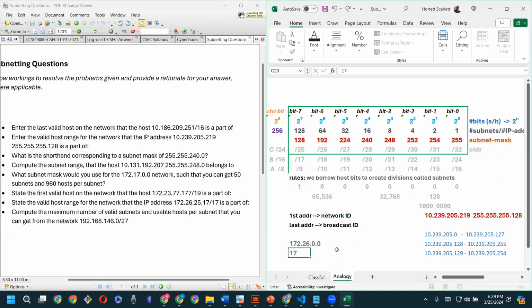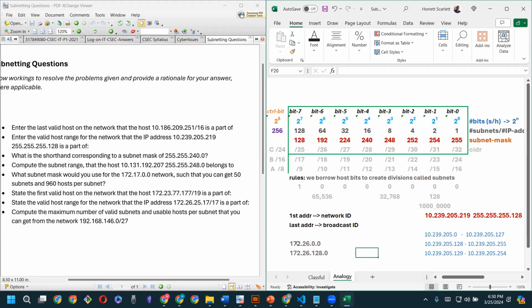The next one is going to be 172.26, and now we're inside the subnetting octet. Because the block size is 128, or the increment is 128, we know the other one is going to start at 128.0. And we know we only have two.